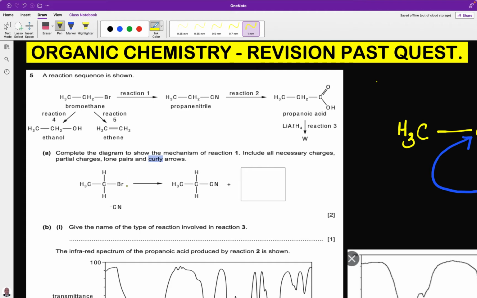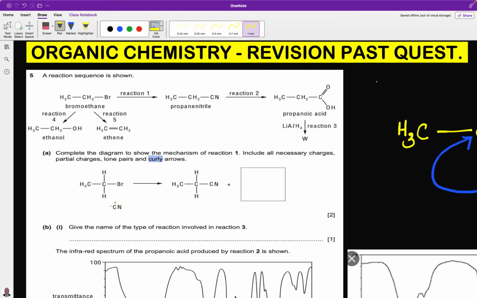So, for the purpose of revision, let me just brief you. Remember that the nucleophile approaches the molecule. The nucleophile approaches the primary halogenoalkane. This is a primary halogenoalkane.